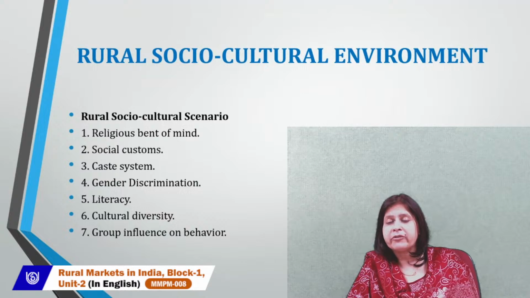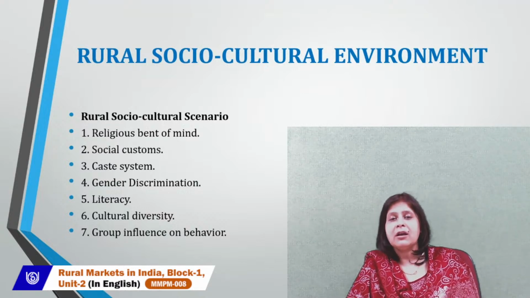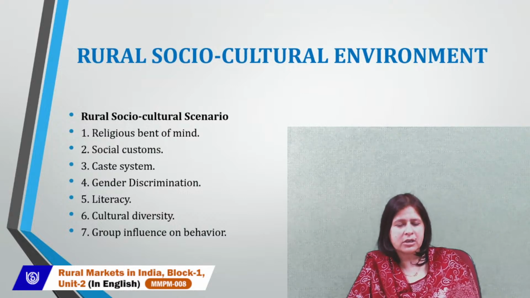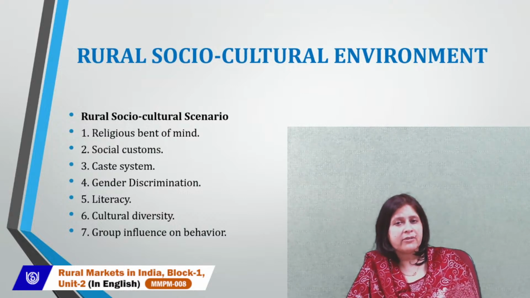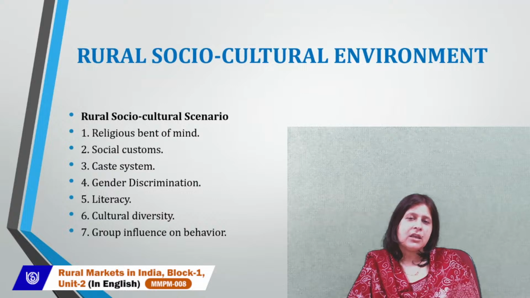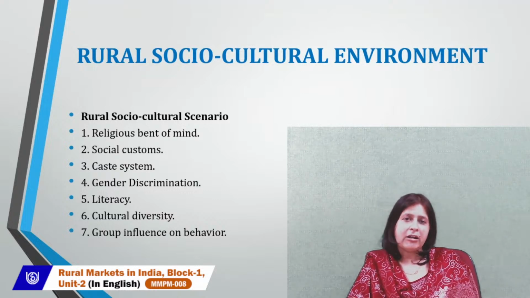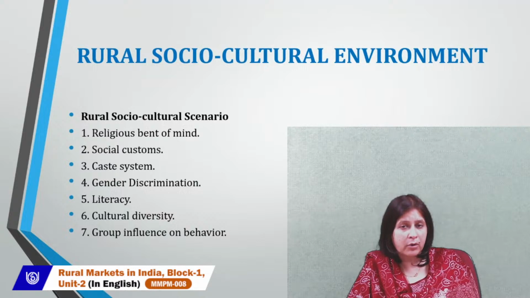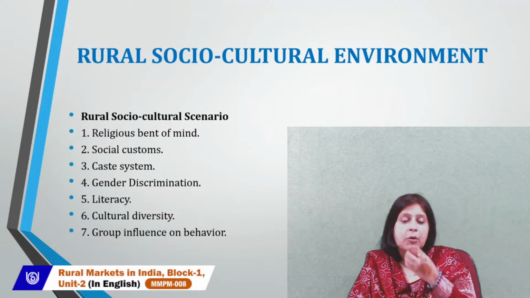Whether it is a homogeneous society, or a heterogeneous or pluralistic society. When there is cultural diversity, the demand for the product could be more or less, right? Again, cultural diversity impacts the rural marketing environment. Then the group influences on behavior, right?